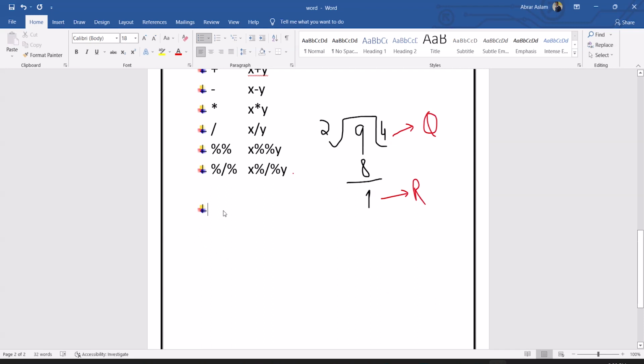Now we have another operator, the power operator. For power we have this caret symbol, and we use it like x ^ y. We can also use the double asterisk instead of the caret for the power. Both of them work well.